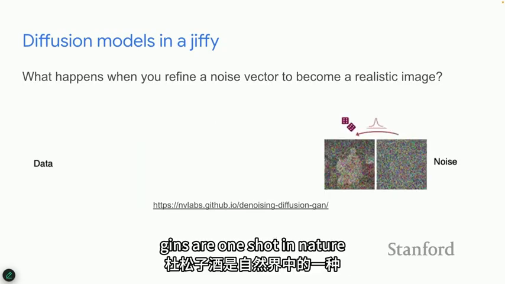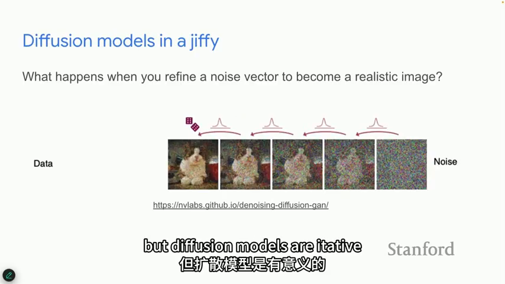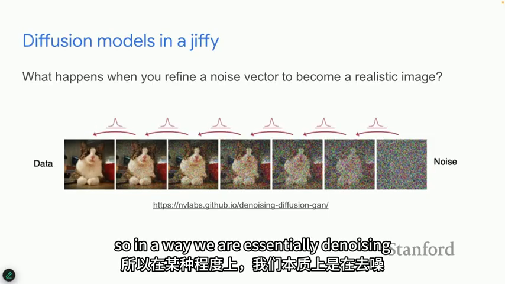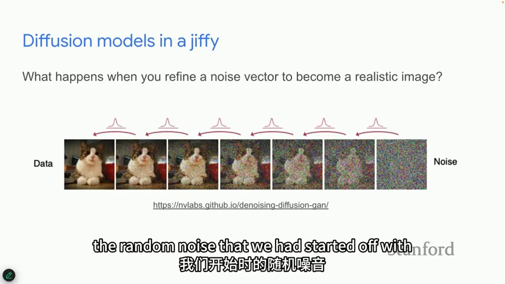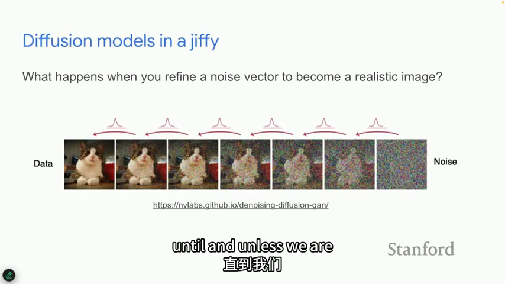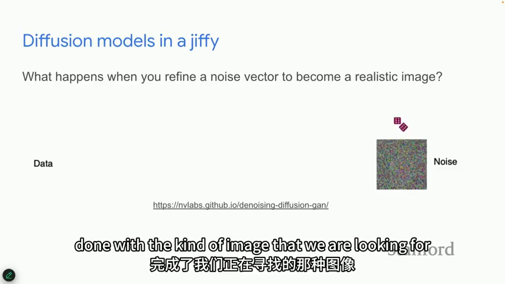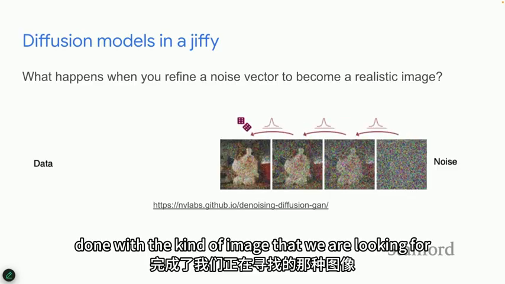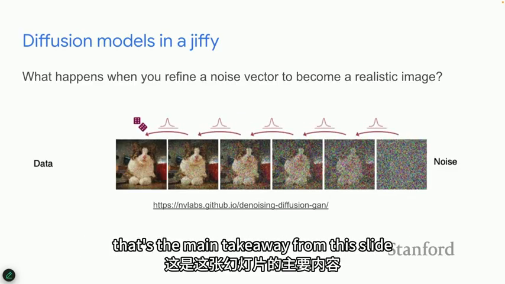GANs are one-shot in nature, but diffusion models are iterative. It's sequential in nature. So in a way, we are essentially denoising the random noise that we started off with until we are done with the kind of image that we are looking for. So just know that it's iterative in nature. That's the main takeaway from this slide.